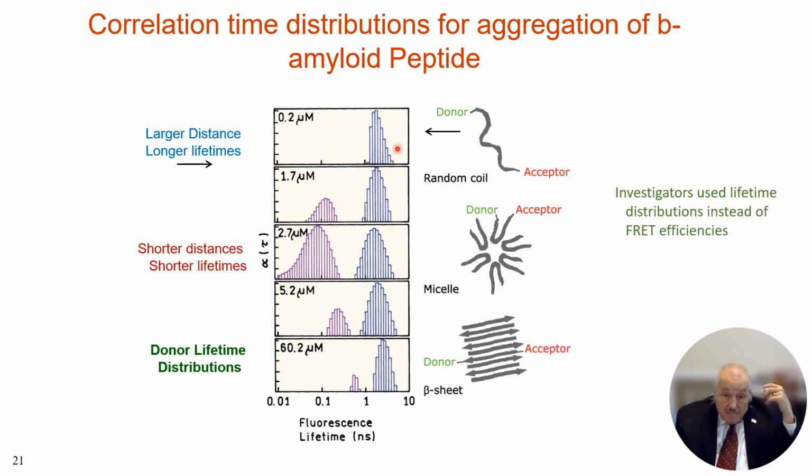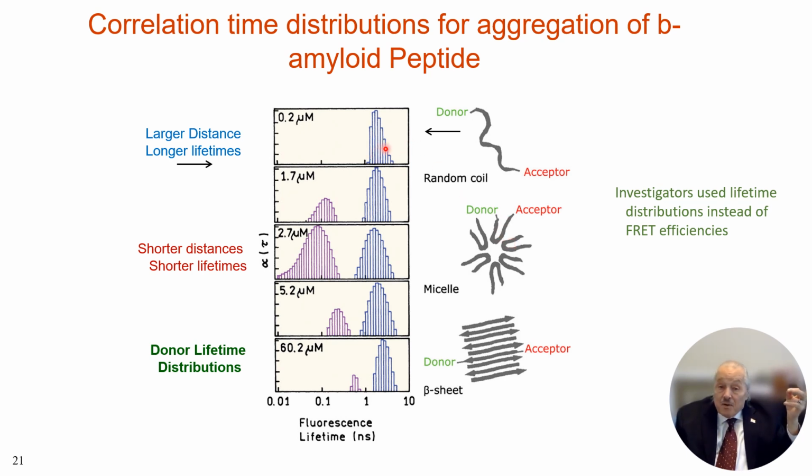And at low concentrations of the peptide, it was thought to exist in a random state. At high concentrations, it was thought to exist in an orderly aggregated state, but in the middle, something else was going on. And this is what the investigators found.